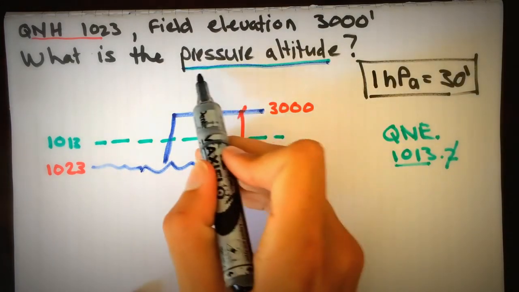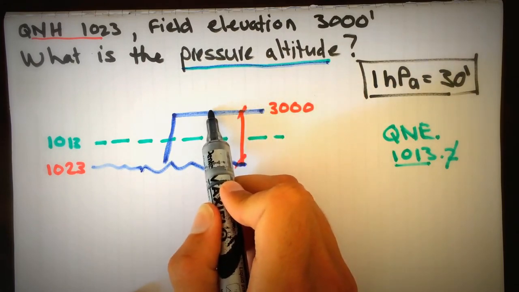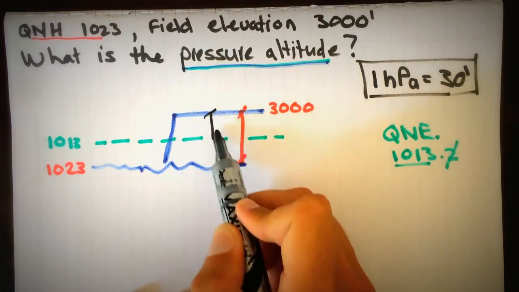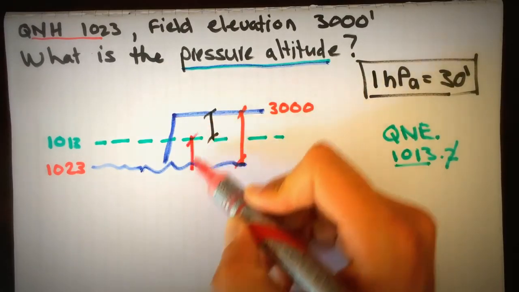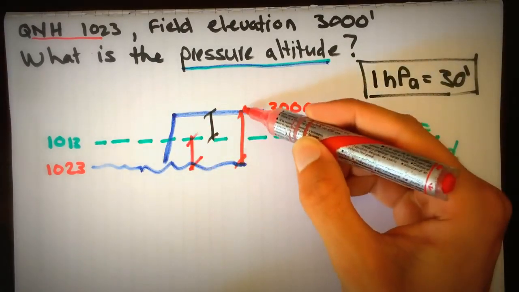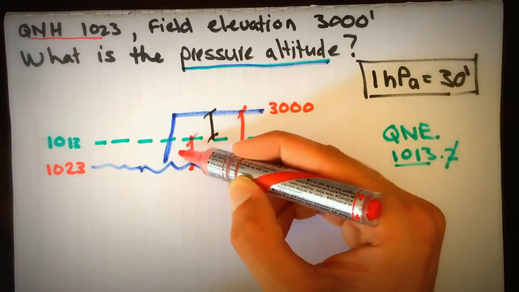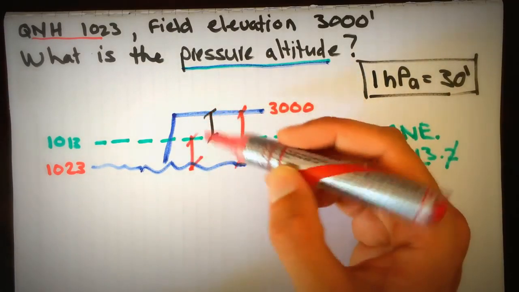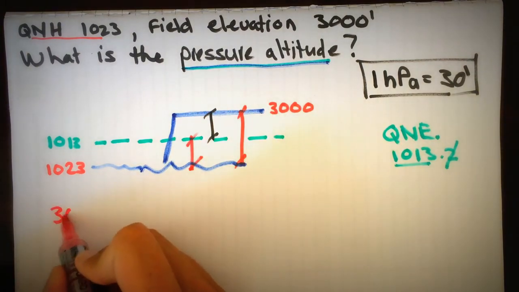Now the question is asking us for pressure altitude. So pressure altitude is saying, what is this height? A nice way to solve this is if we can figure out what this is, then we can take the elevation minus this, and it'll give us the answer. So 3,000 feet, we're going to write over here.